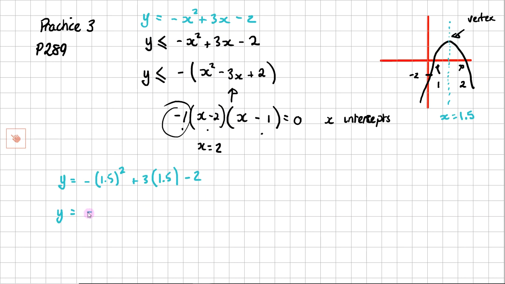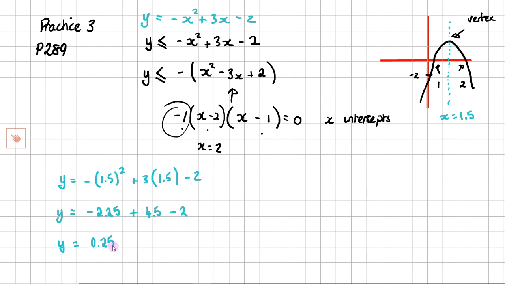It's going to be a plus 4.5 right there, minus 2. 0.25, I believe.